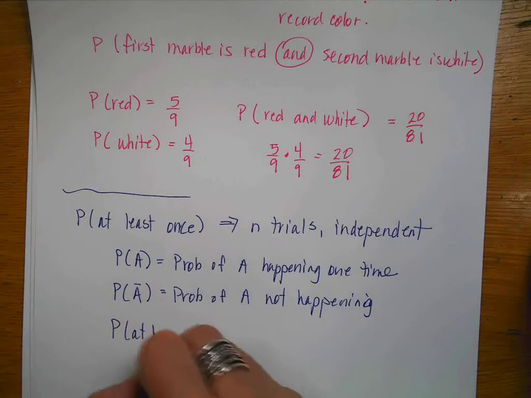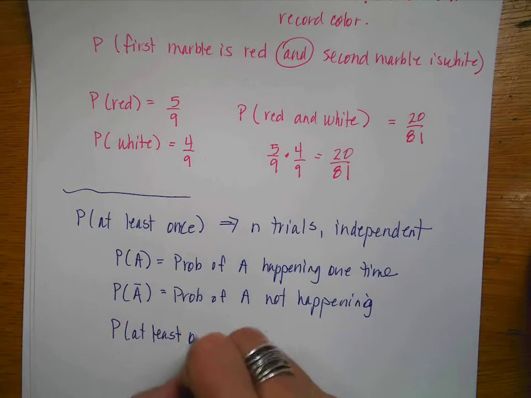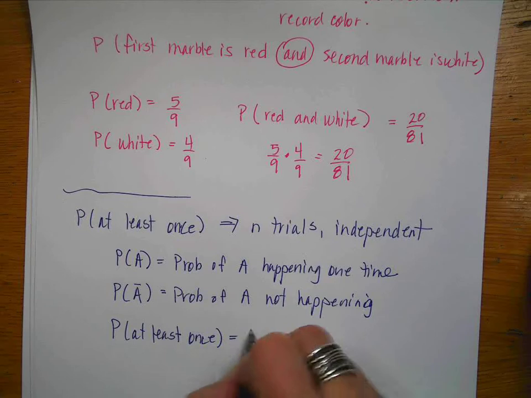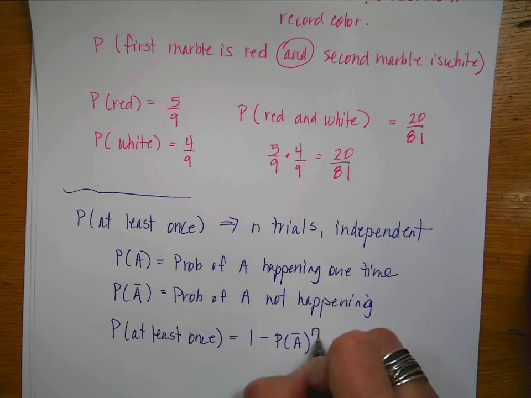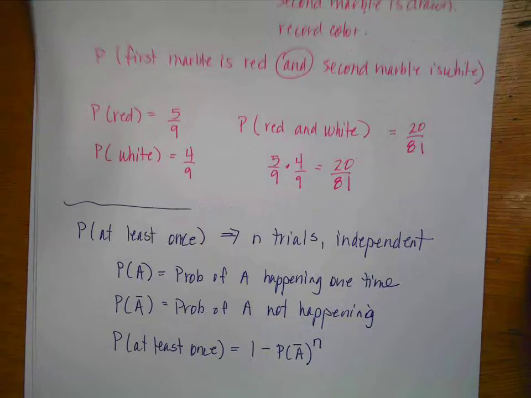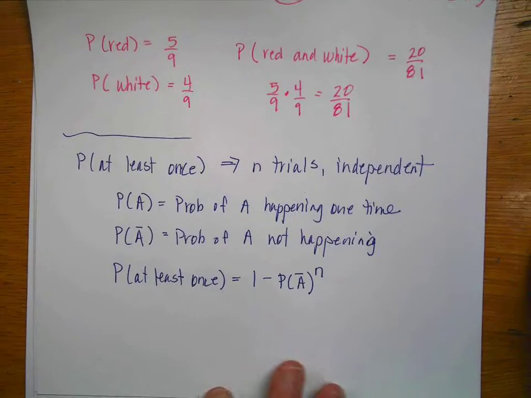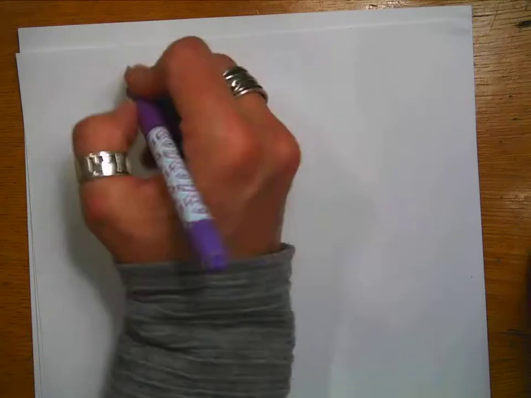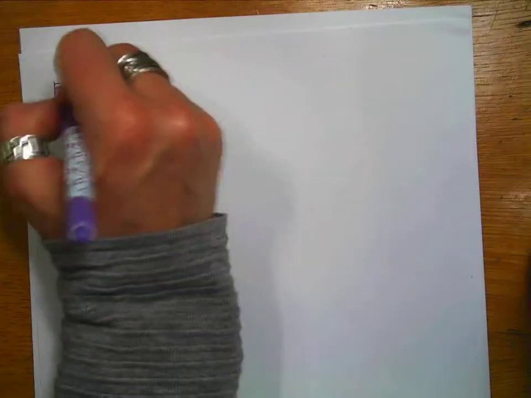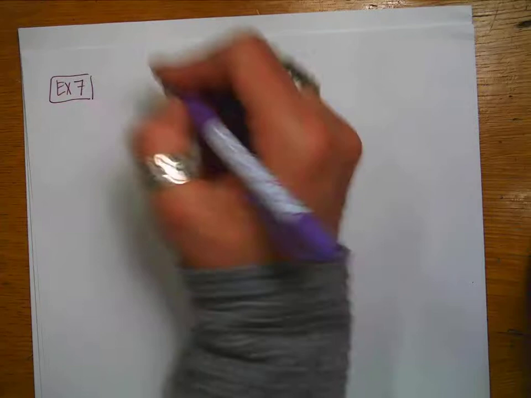Oops, I think I got a few too many things in there. Okay, and then the probability of at least once is going to be 1 minus the probability of it not happening raised to the number of times that it happens. Okay, so we're going to do one last example, and then we are done for today. And I know this is a little bit long, so I appreciate your patience.